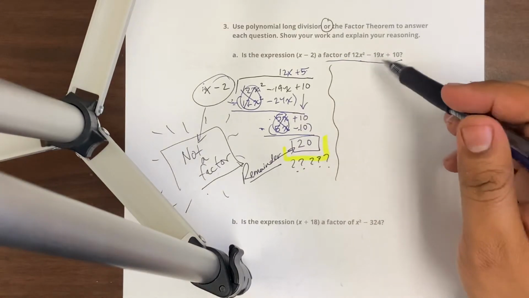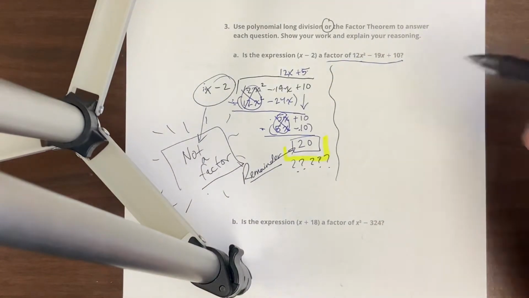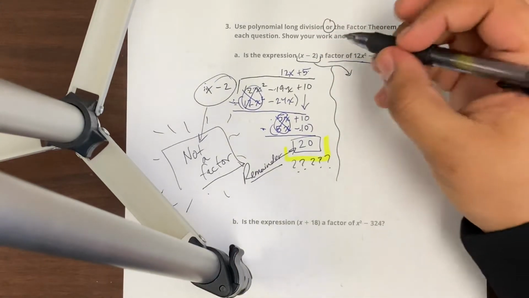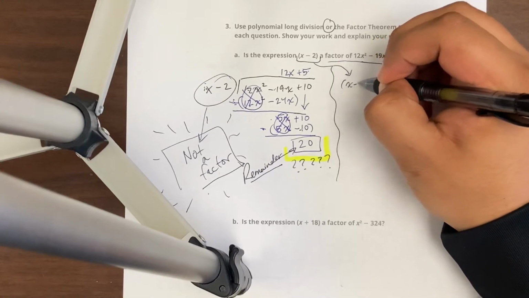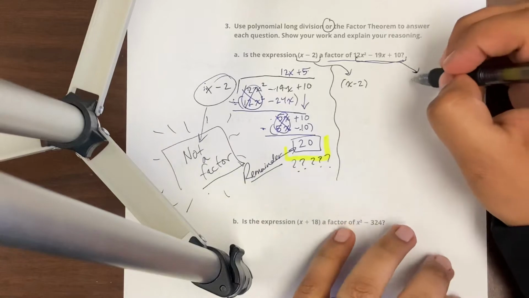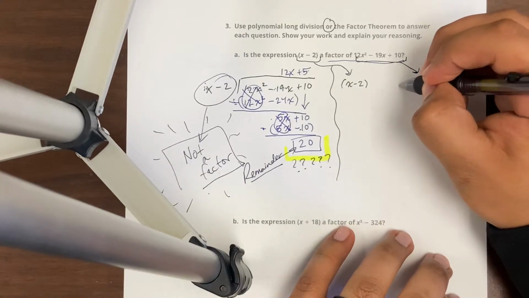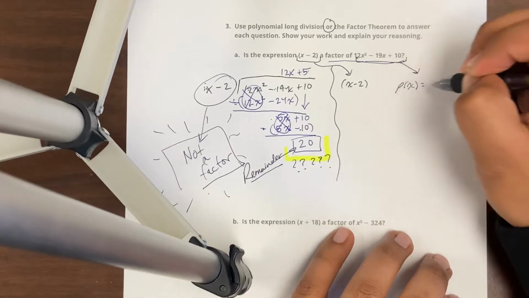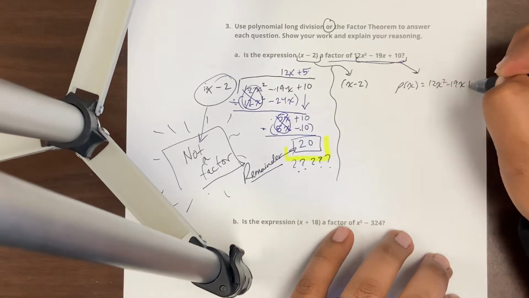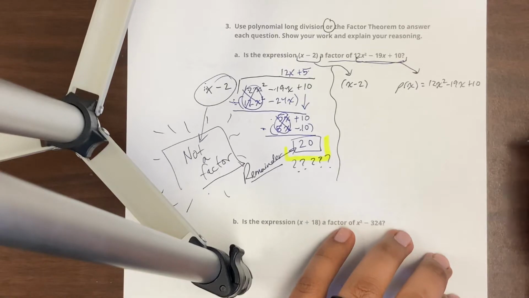Let's see what we get when we do factored form. Don't forget bringing out the information. X minus 2, bringing out the information. Let's give it a name. We can call it P of X equals 12x squared minus 19x plus 10. Can we see it? Love it.